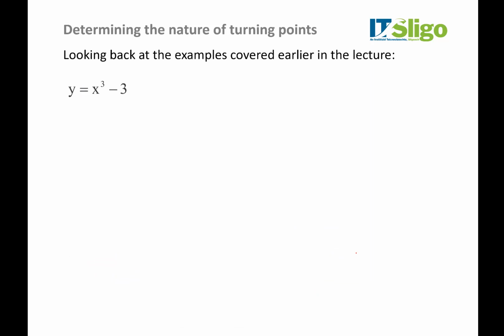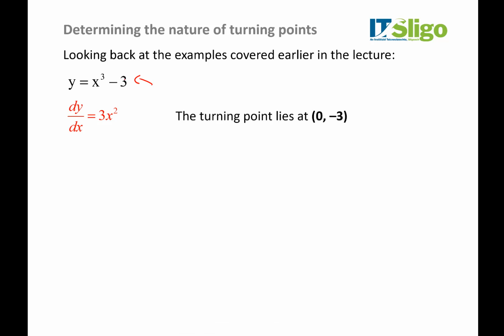We had the cubic function, the simple cubic. There's my first derivative. From there I solved for x, gave me x is 0. I fed that 0 back into the original equation. I got y was minus 3. Here's my second derivative.